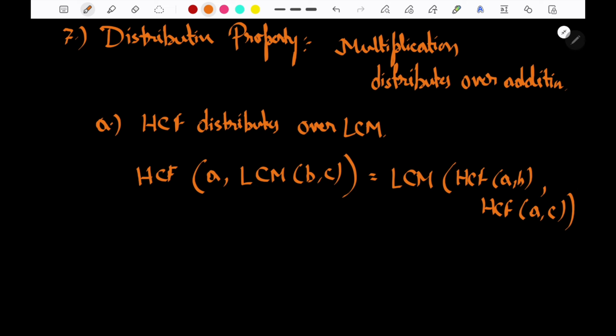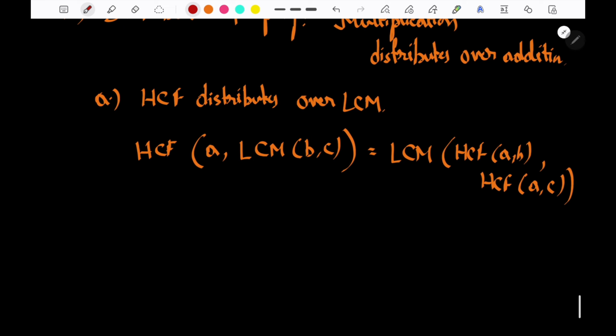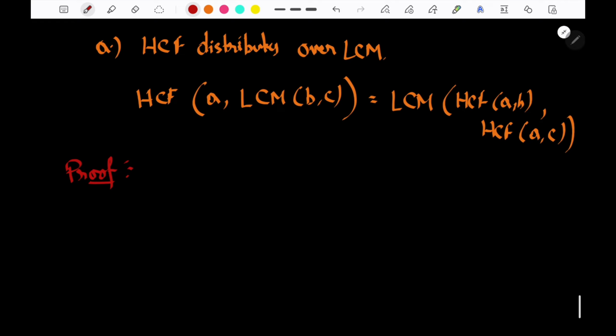If you ask me how, we can give a simple proof for that. We'll take one prime p, any one prime p in numbers a, b, c.